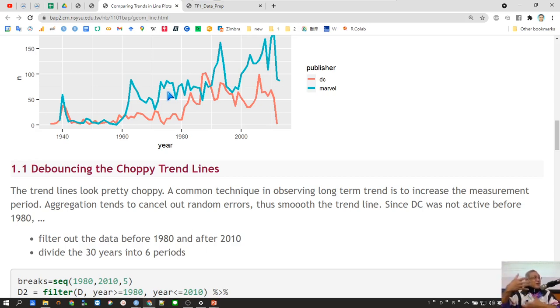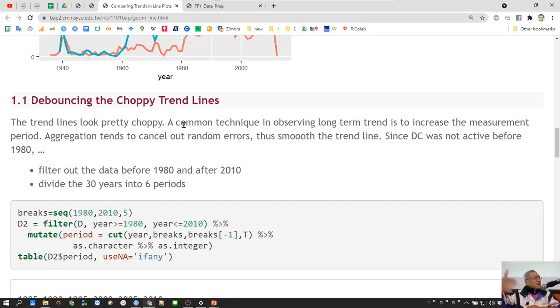Doing average can smooth the line and remove the random error, because the random errors tend to offset each other. They tend to cancel out each other because they are random, right? So we'll have a smooth line.